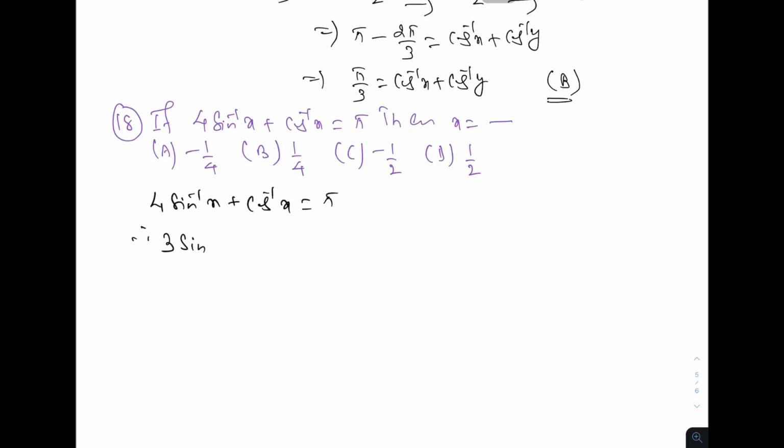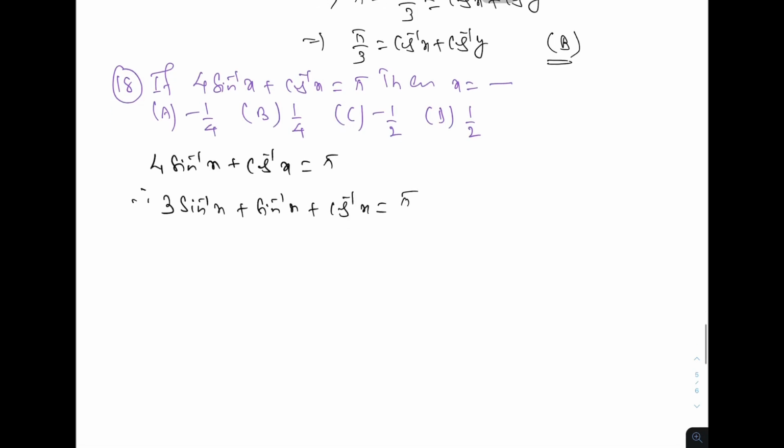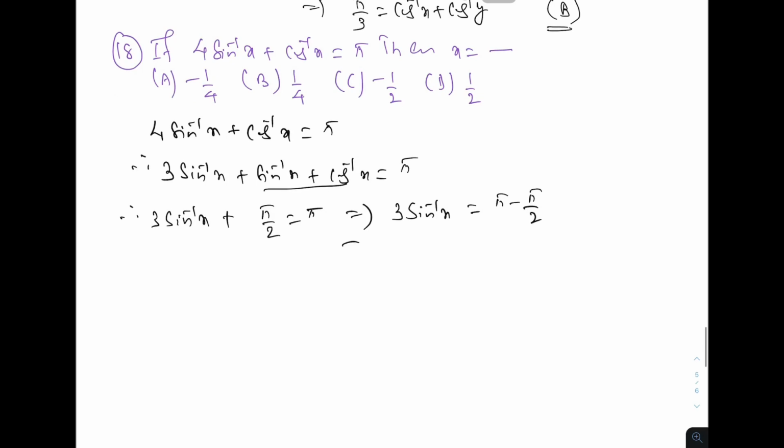Therefore, can I write like this? 3 times sin inverse x plus sin inverse x plus cosine inverse x is pi. But sin inverse x plus cosine inverse x is pi by 2. And so three sin inverse x is equal to pi minus pi by 2, so 3 sin inverse x is equal to pi by 2.